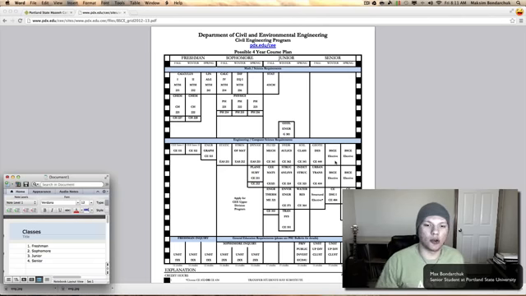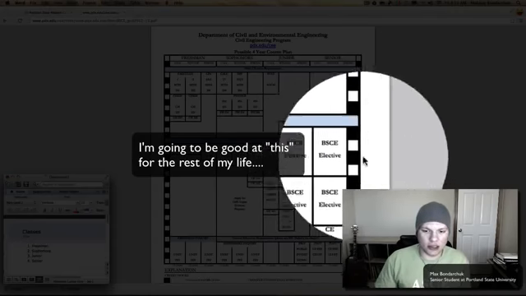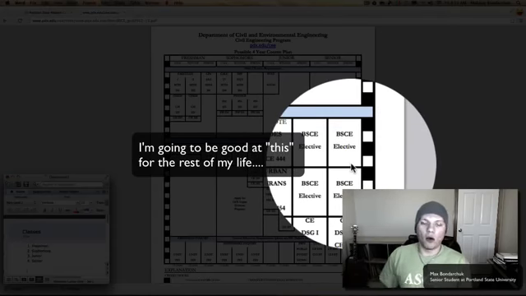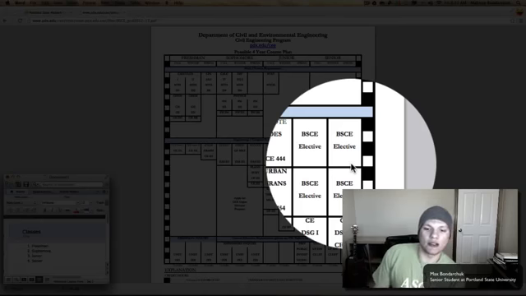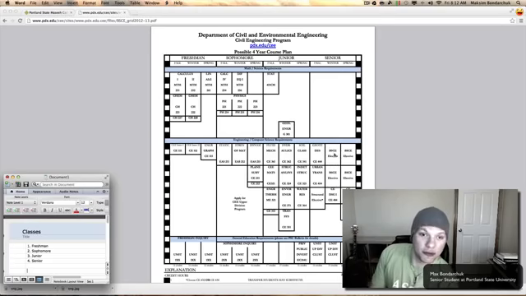And this is pretty much where you start deciding, out of all the classes that you took, what do you want to specialize in. And I'm going to put the emphasis on this because this is where you say, I'm going to be good at this for the rest of my life. Or you can take that approach, or you can say, I'm going to try different things.